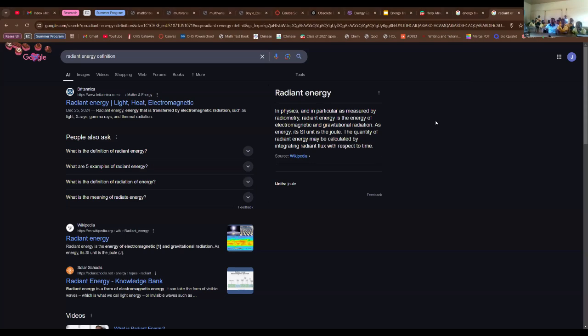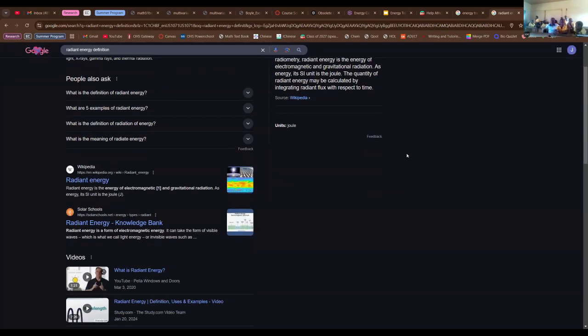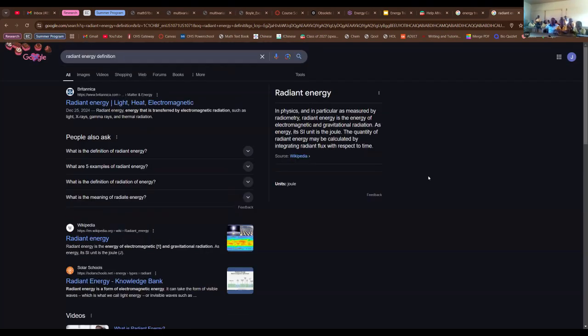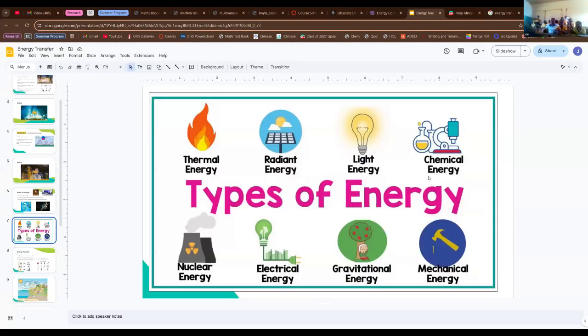If you're curious about radiant energy, you can see that radiant energy is the energy of electromagnetic waves. We didn't really talk about this, but radiant energy is basically in a form of light, some of which we can see and some of which we cannot see.